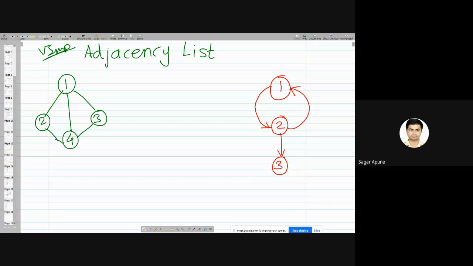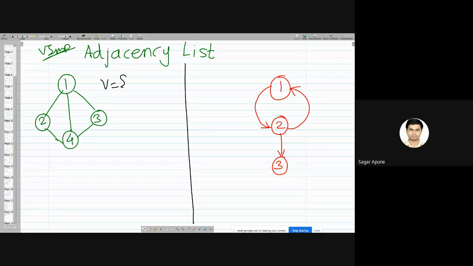So in an adjacency list, each list has a head node. The head nodes are sequential, providing easy random access to the adjacency list for any particular vertex.